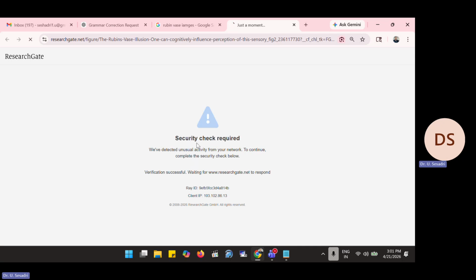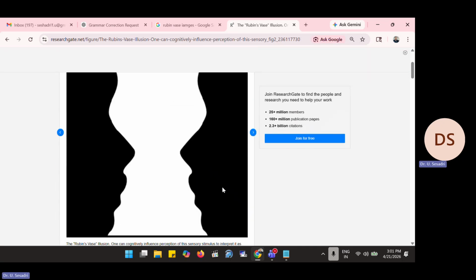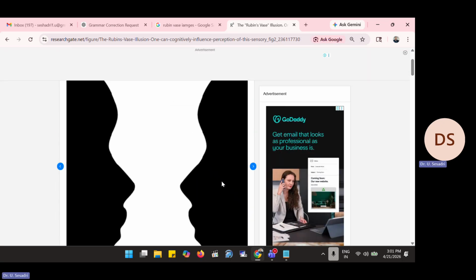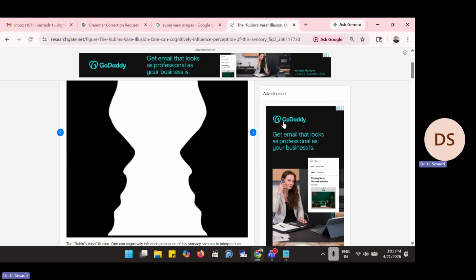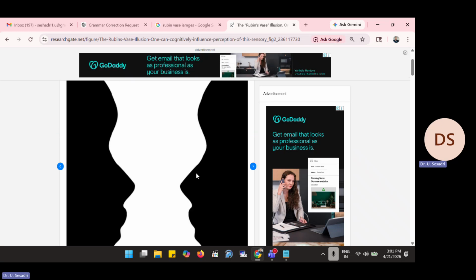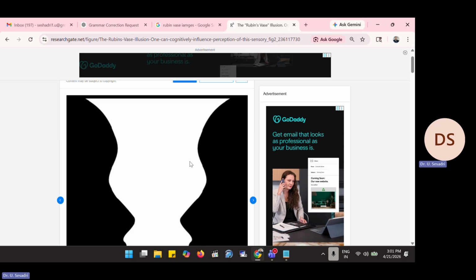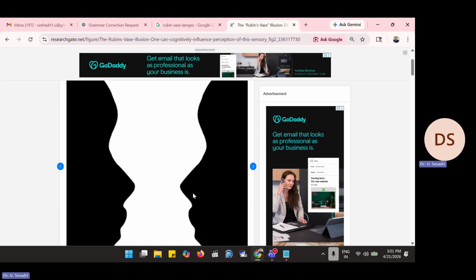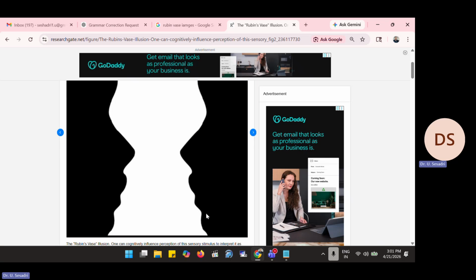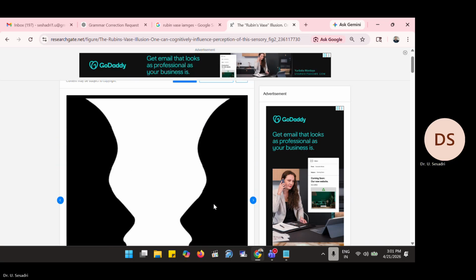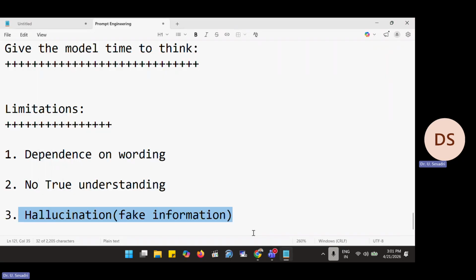See, in one angle it is providing the cube. In another angle, two persons side by side and their faces are visible. In both perspectives it is providing correct information, but according to the situation.